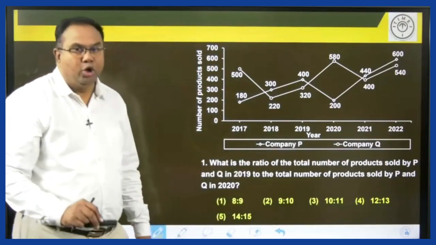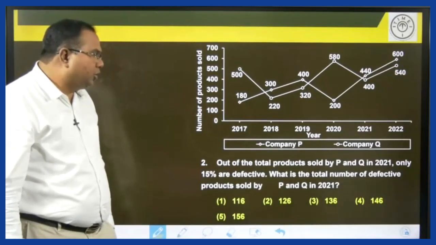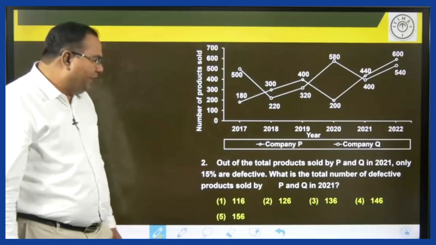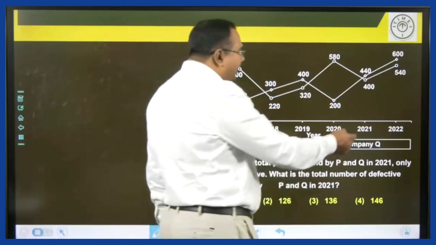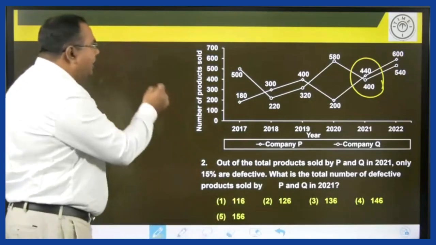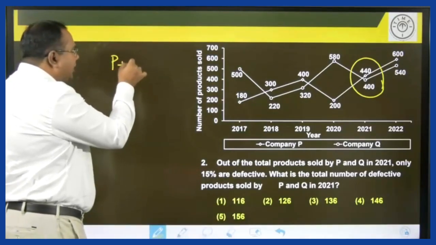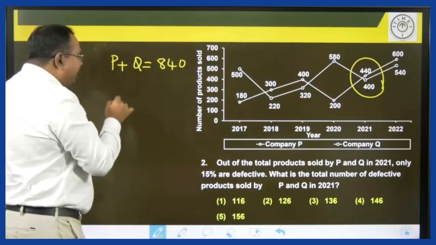Question number 2. Out of total products sold by P and Q in 2021, only 15% are defective. What's the total number of defective products sold by P and Q in 2021? In 2021, P and Q sold 840 total. So, how many are defective out of these? 15%.